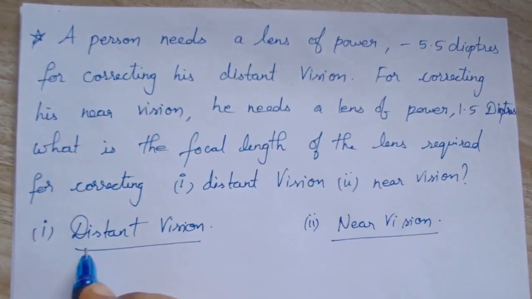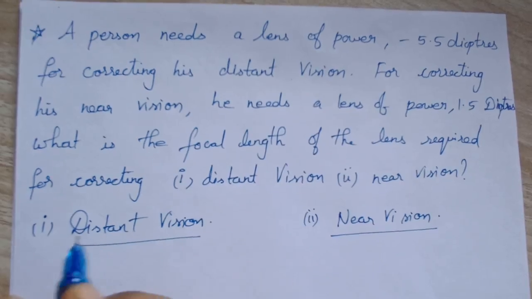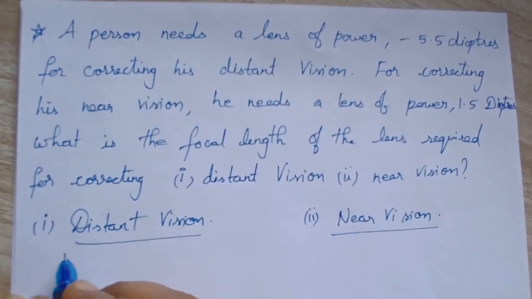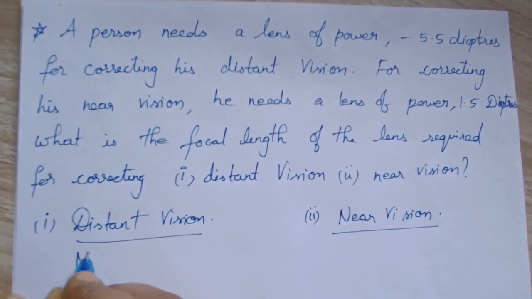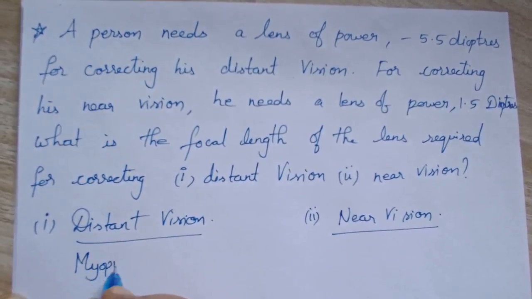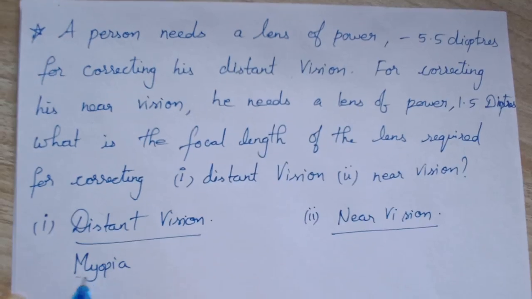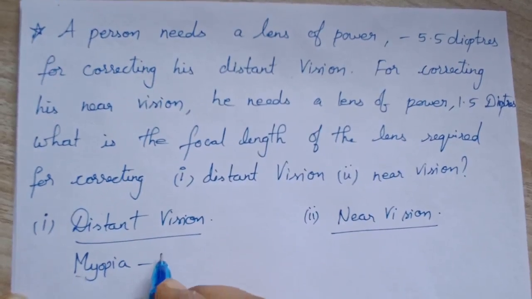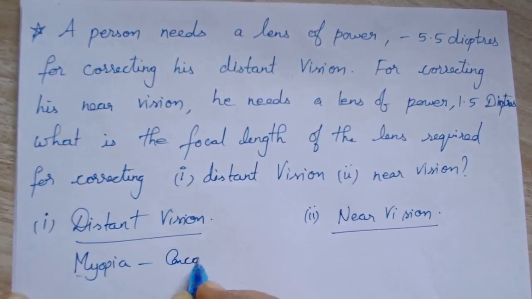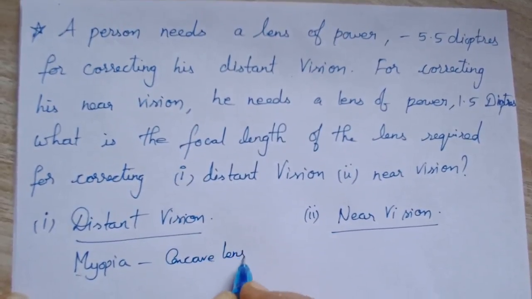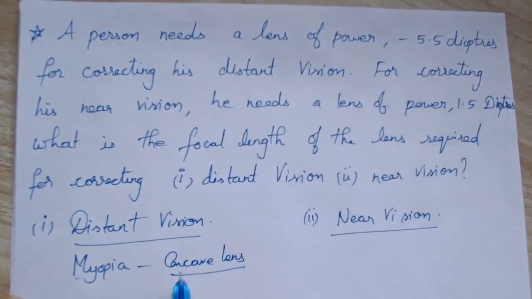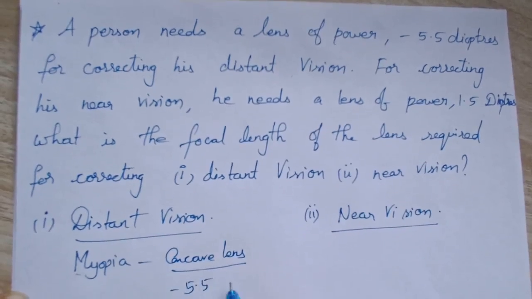For correcting the distance vision, what type of person is he? He is a myopic person. Myopia can be corrected by using a concave lens, hence they are using the power of minus 5.5 diopters.